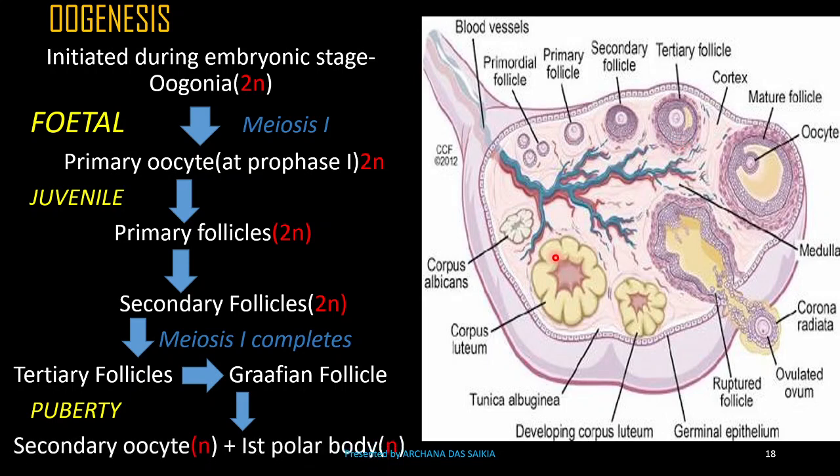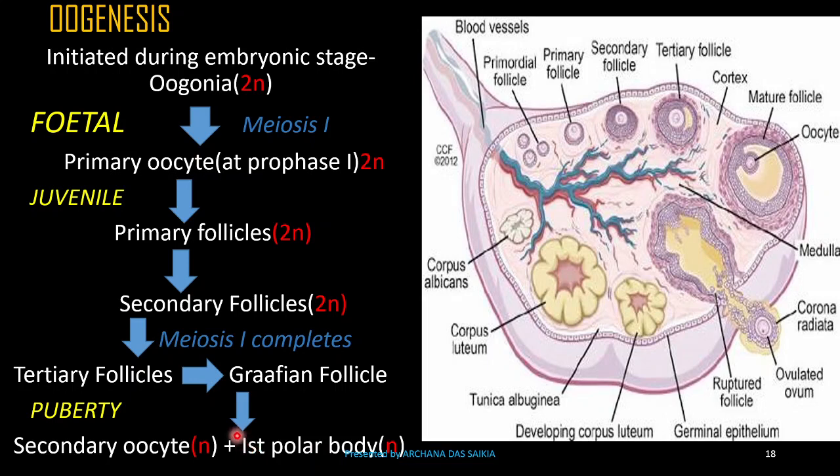Here is the secondary oocyte inside the Graafian follicle. Meiosis 1 will always result in the formation of two cells: one we call the secondary oocyte, the other the first polar body.